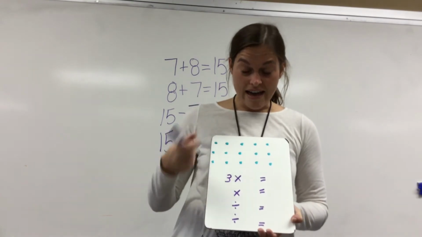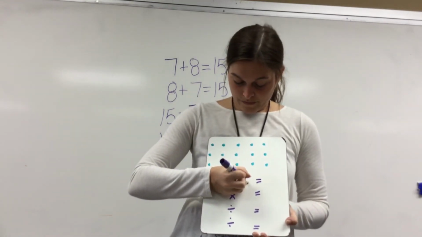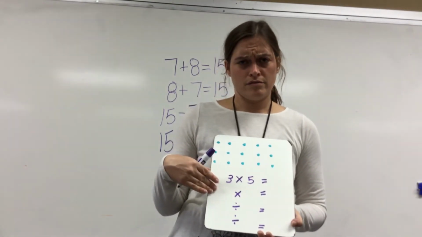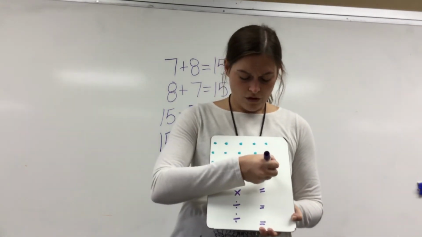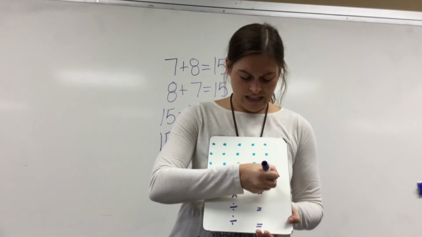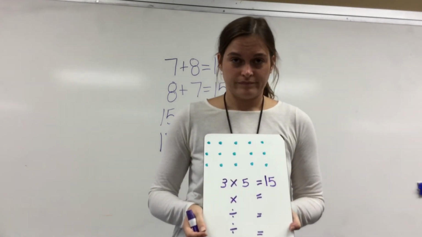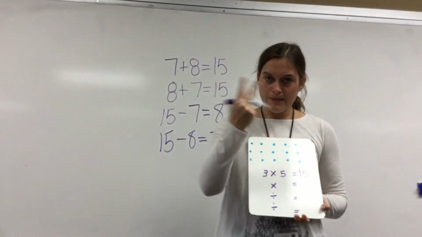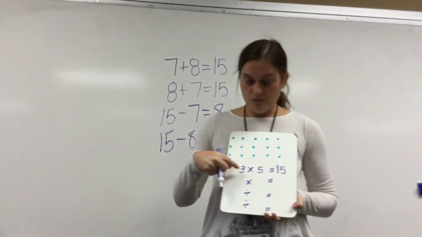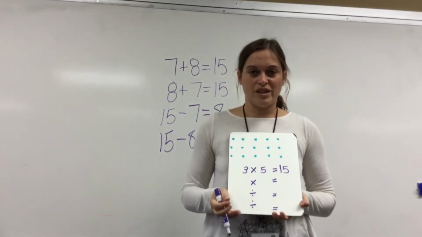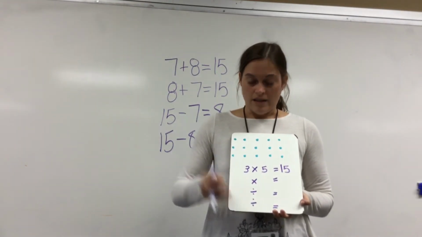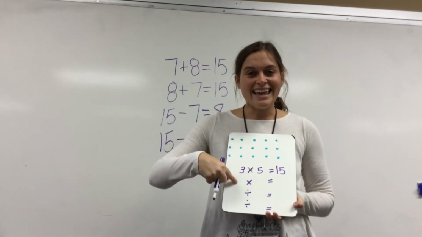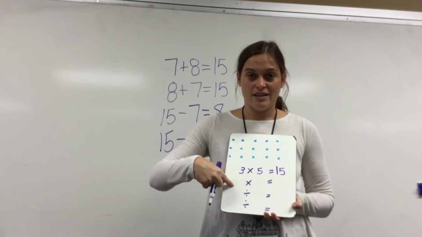There are 5 in each row. How many do I have altogether? Good. I have 15. So, if I was flipping these 2 numbers for my second multiplication fact, instead of 3 times 5, what will my second multiplication fact be?